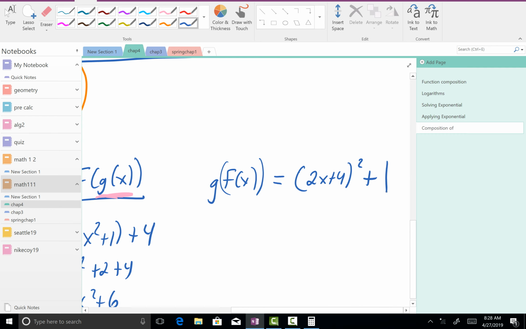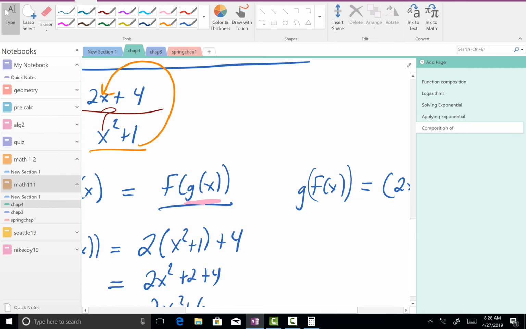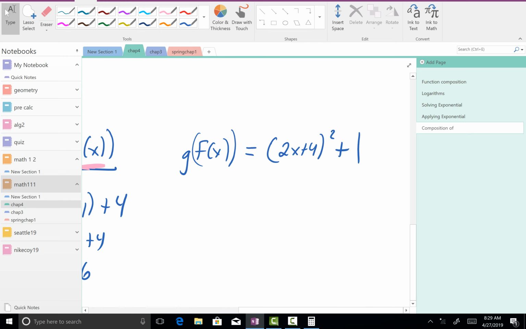Now the f is inside there. Notice that here's the x with the squared. This whole thing goes right in here, in parentheses like that, with the squared. And then we should simplify it out.